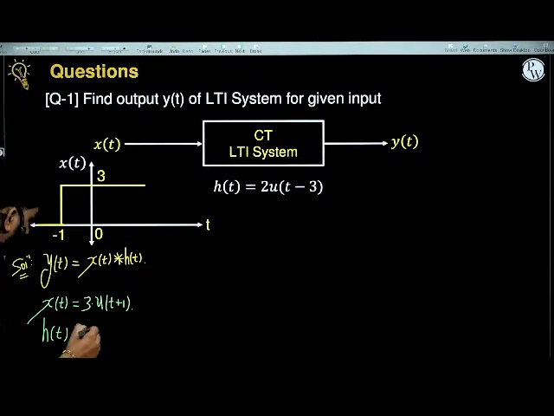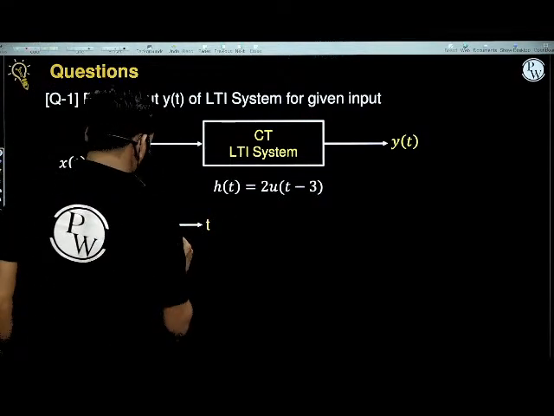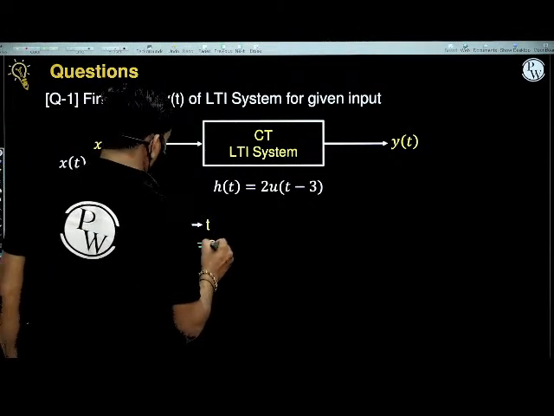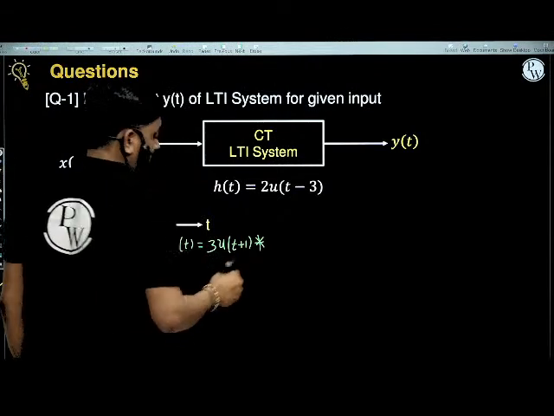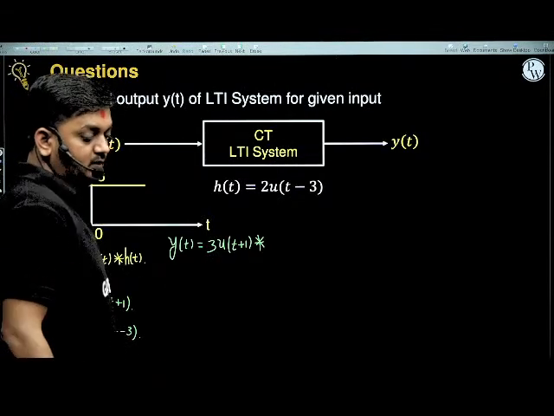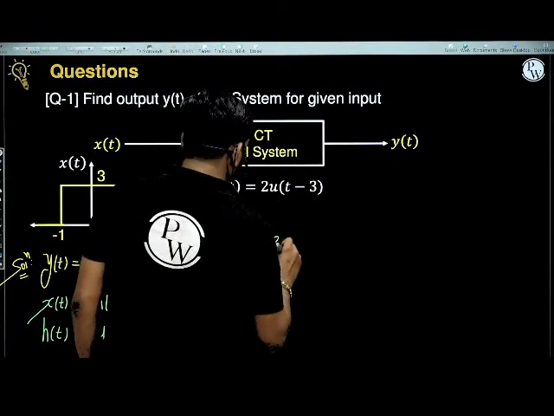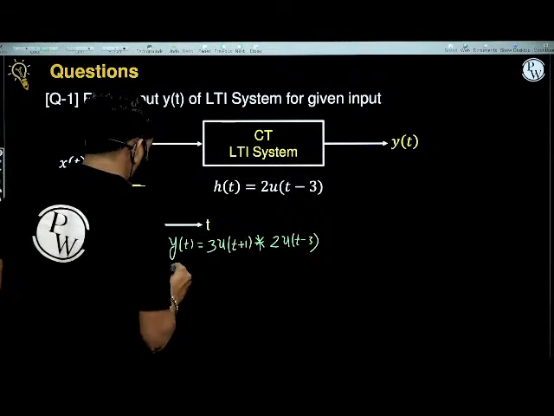H of t is equal to 2 u of t minus 3. So y of t is equal to 3 u of t plus 1 convolution with 2 u of t minus 3.